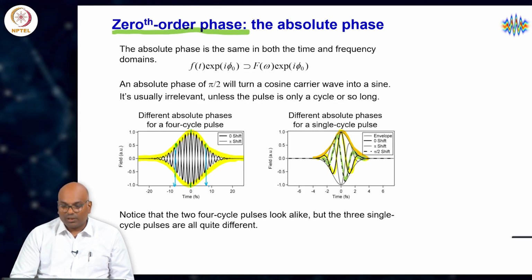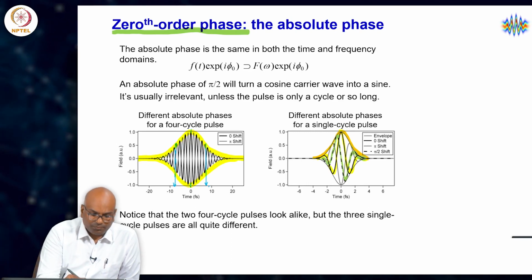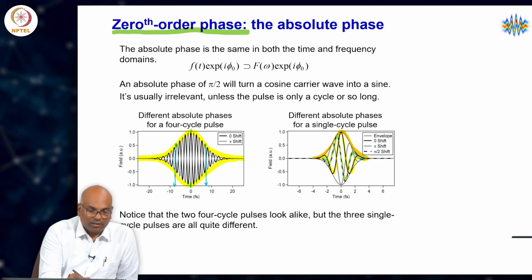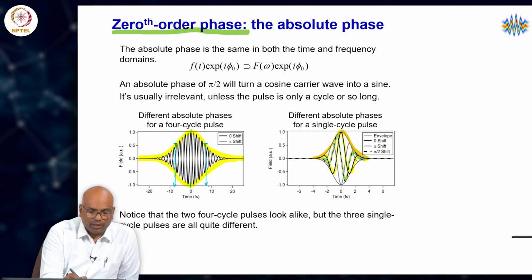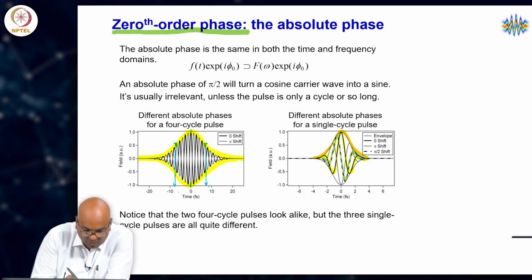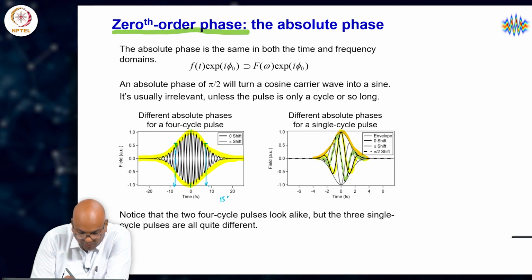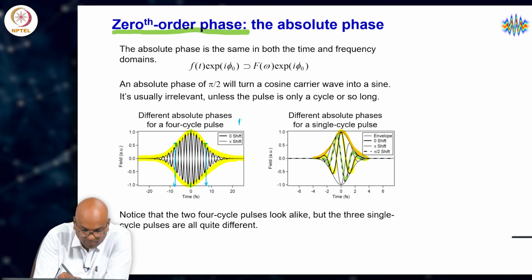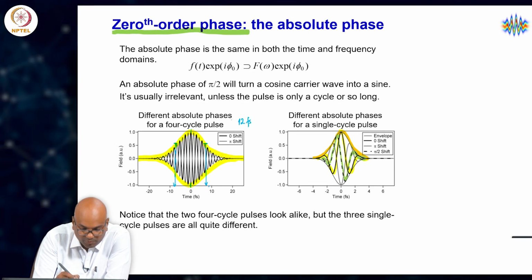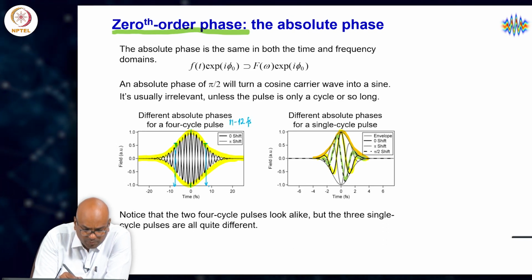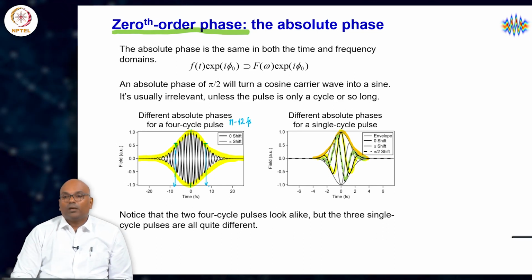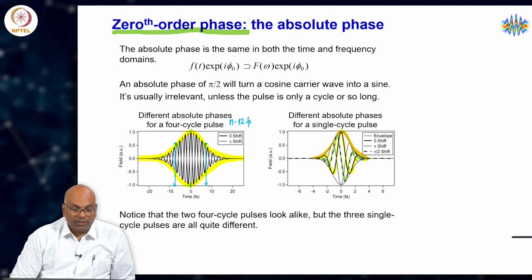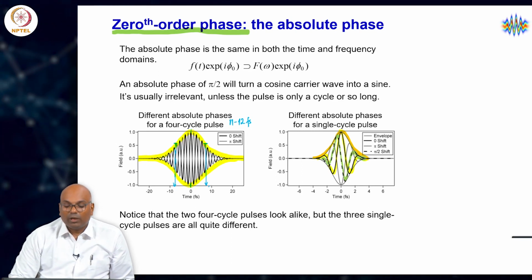In both cases you see the field is meeting the envelope maximum, but then there are so many cycles underneath the envelope even by the time you get to these pulses, which are, in this case, let us say 15 femtoseconds, or here it seems we have called it a 4 cycle pulse. So, approximately 11 to 12 femtoseconds, which is pretty short actually already. The contrast between these pulses becomes quite different.